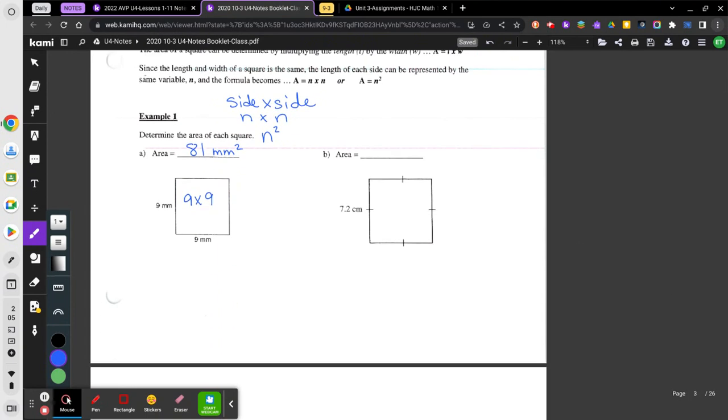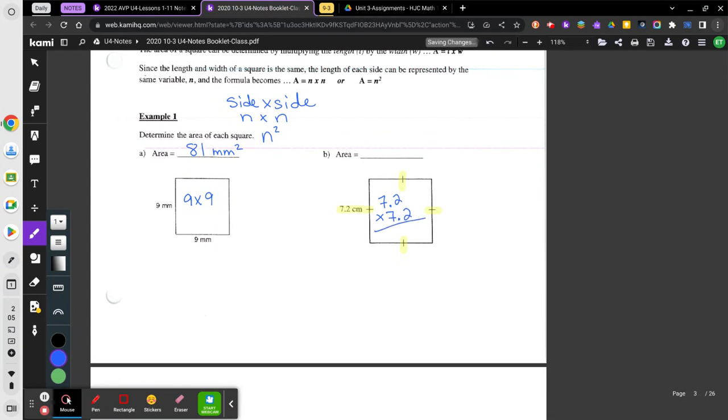If it's a rectangle, again, you'll take your length times width. Now, what do these little dashes here mean? Those are telling us that all of the sides are identical. Whichever ones have those identical dashes will be that same size. So this is telling us it's a square, a 7.2 times 7.2, and that's how we get our area for that one.